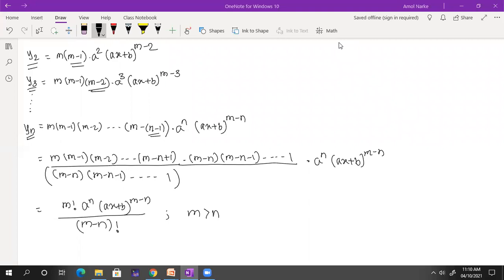So what is the factorial formula? Here I am saying m is greater than n, so m minus n is also greater than 0. If this term is greater than 0, it means what? If I subtract from m to any n, what is n? It is the first derivative, second derivative, third derivative, fifth.